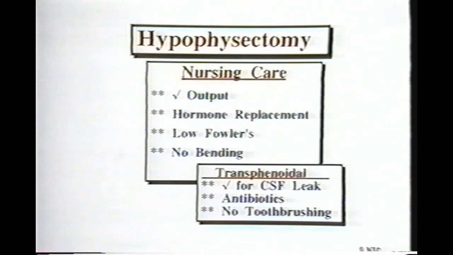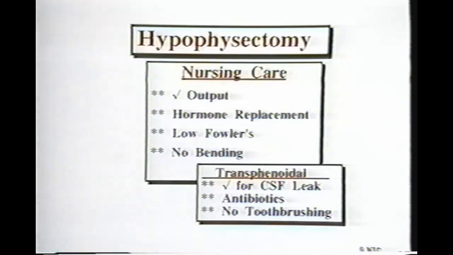If it's removed and you don't have adequate replacement, this patient will put out large amounts of urine. That would make a nice nursing question, actually, in terms of essential assessments post-hypophysectomy. One would expect that the urine output may increase. Now, the patient will be given vasopressin as a substitute for the antidiuretic hormone.